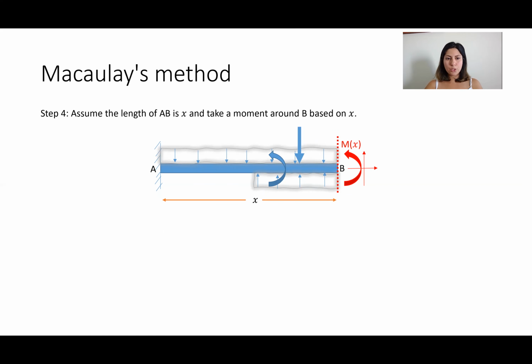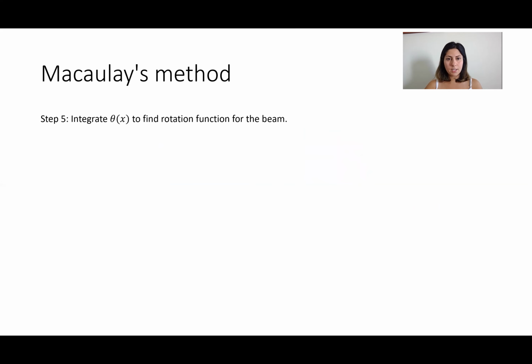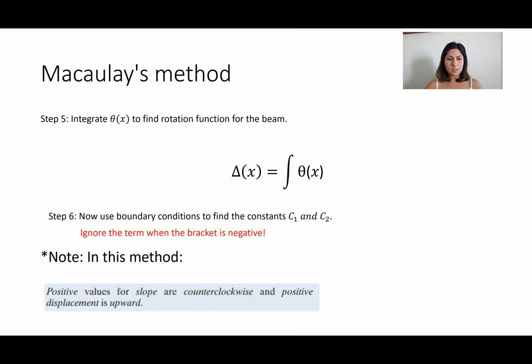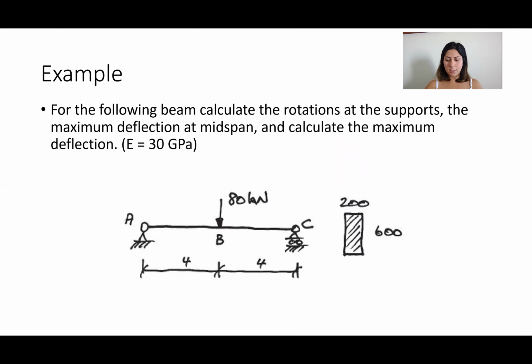I would like to give you an example. You don't need to worry about the rest; we will discuss the rest tomorrow. Here, consider we have a beam AC with a concentrated load applied at B, which is 80 kilonewton.